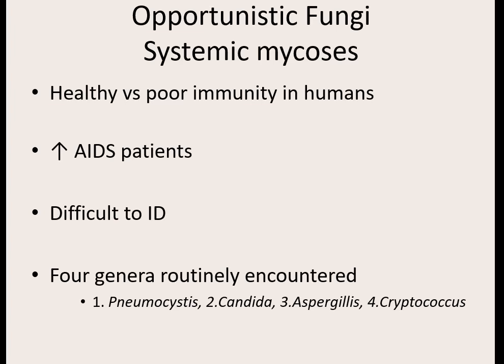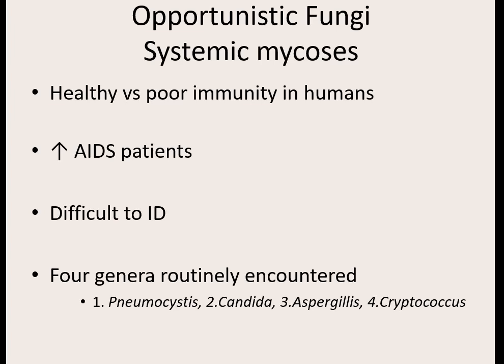Maybe if you're immunocompromised, maybe if you just had surgery, maybe something else is going on that will cause you to actually suffer any severe complications from these particular fungi. So we call them opportunistic. These are all going to be at an increased risk for those that are in the AIDS stage of HIV infection. They're also a little more difficult to identify. Their yeast are not really specific for anything.